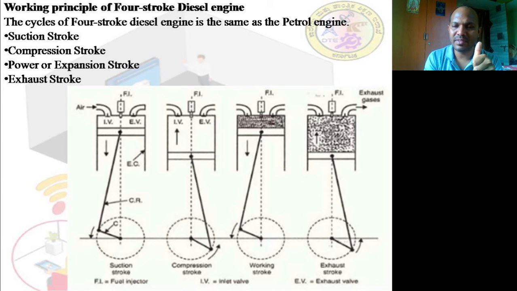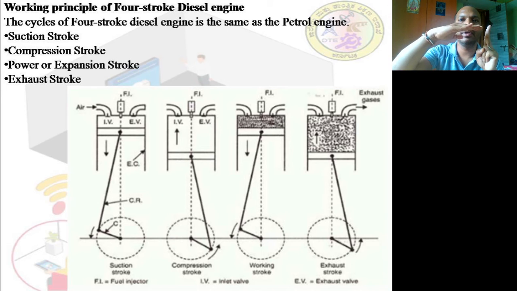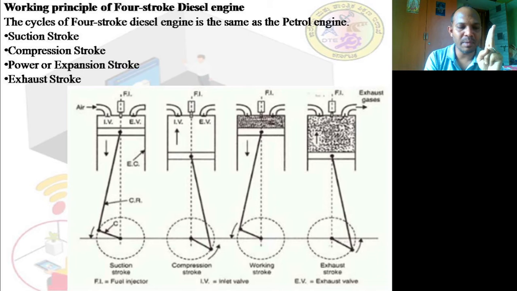Next, the second stroke, which is the compression stroke. In the compression stroke, once again both the inlet and outlet valves will be closed. That is the first point. Second point, the piston moves from bottom dead center to top dead center. What happens? The air will be compressed to a very high pressure and temperature.